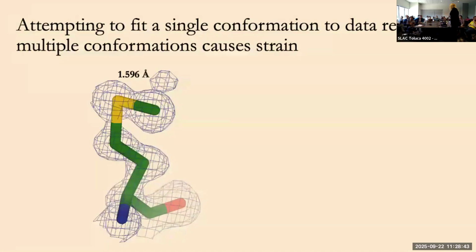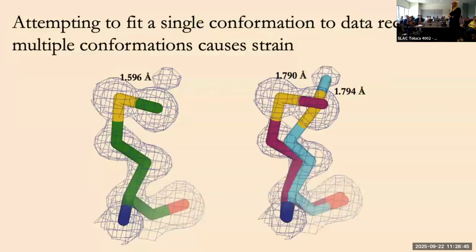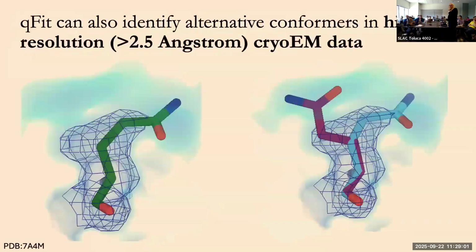And so if we fit multiple conformations, not only are we improving the fit to the experimental data, but we are coming much closer to the physical bond lengths. And so, we can also, as proof of principle, have at least shown that we can do this in cryo-EM data.